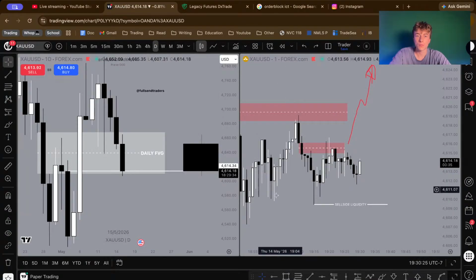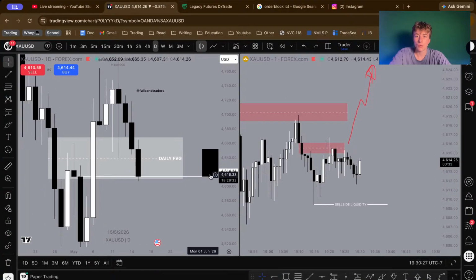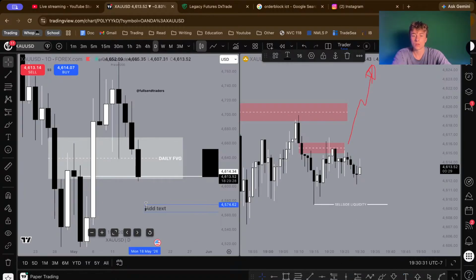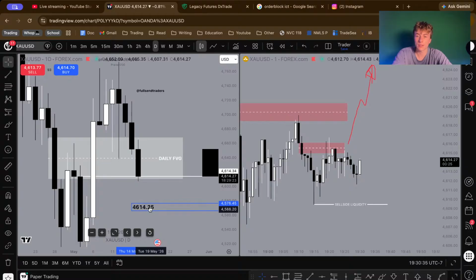The current price is 4614.25. Pips start from the last digit before the decimal, so the fourth digit.